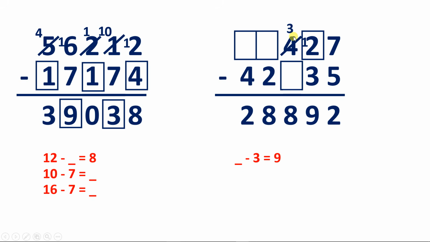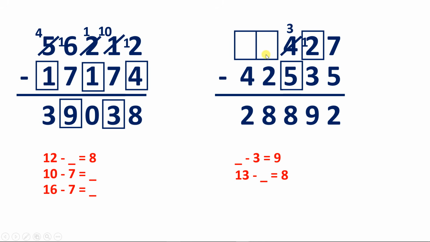Now we have 3 subtract something equals 8. But because you can't subtract from 3 to make 8, they must have exchanged to make 13 take away something equals 8. So the missing number must be a 5.